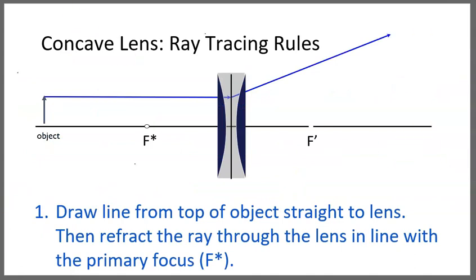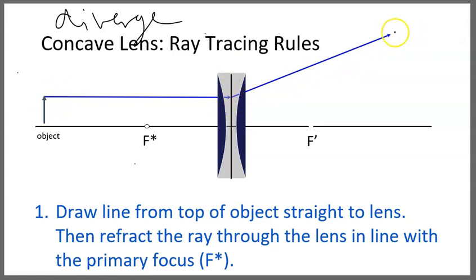Okay, so if we're looking through a concave lens, which remember diverges light, you will draw your line from the top of the object, straight to the center of the lens, and then it's going to refract at an angle.